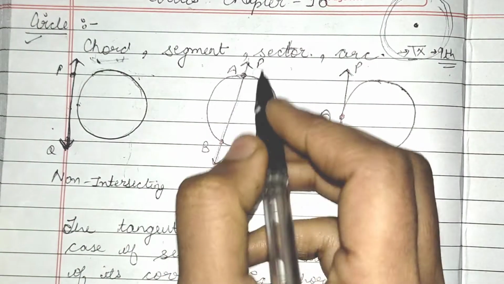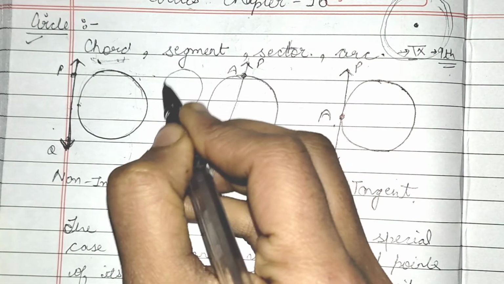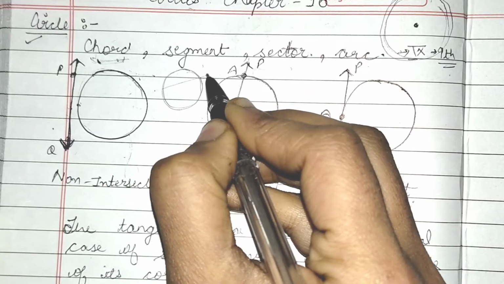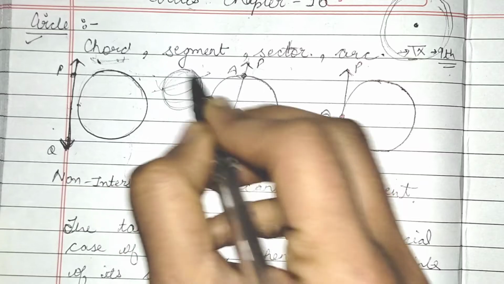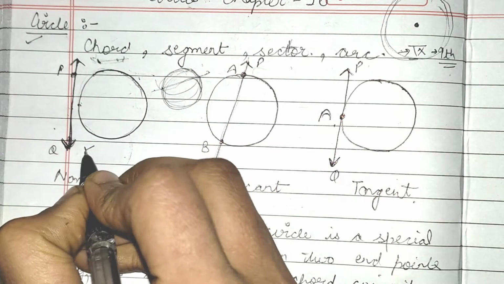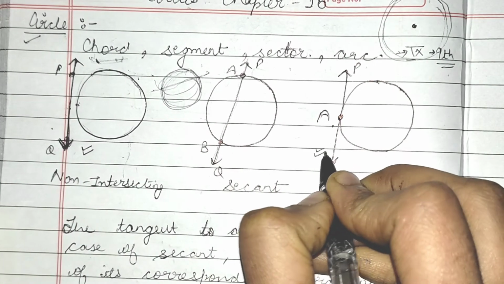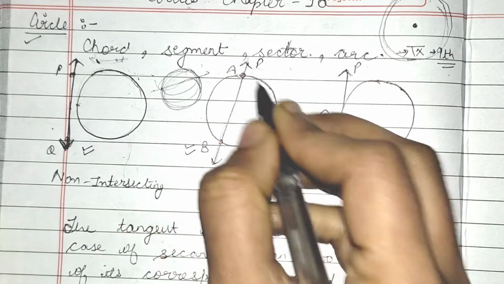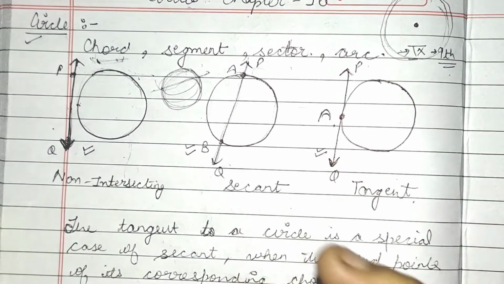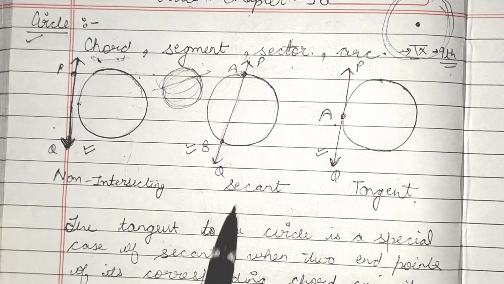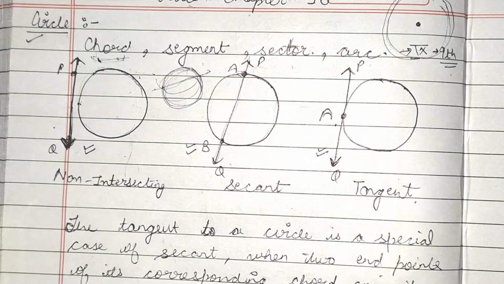No other combination is possible, meaning a line and a circle cannot touch each other at more than 2 points. So either the line touches the circle at a single point, or at 2 points, or the line does not touch the circle. Only these three combinations are possible.